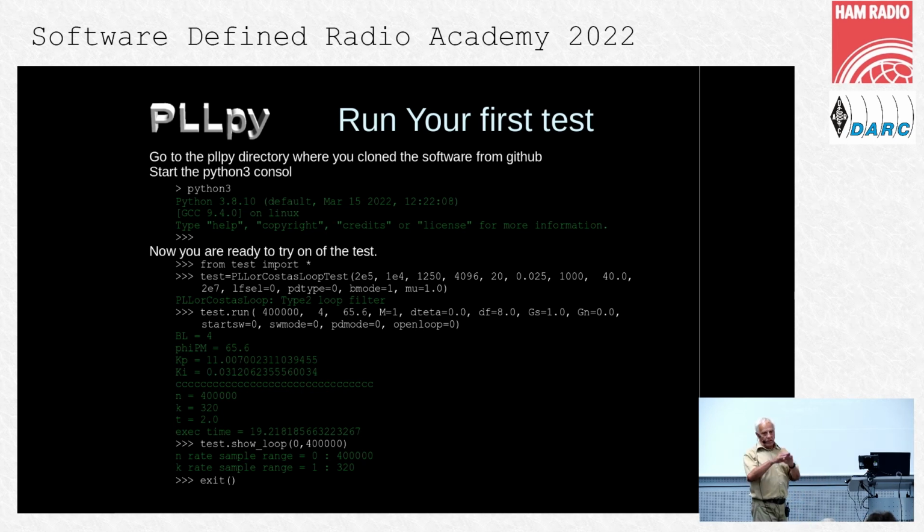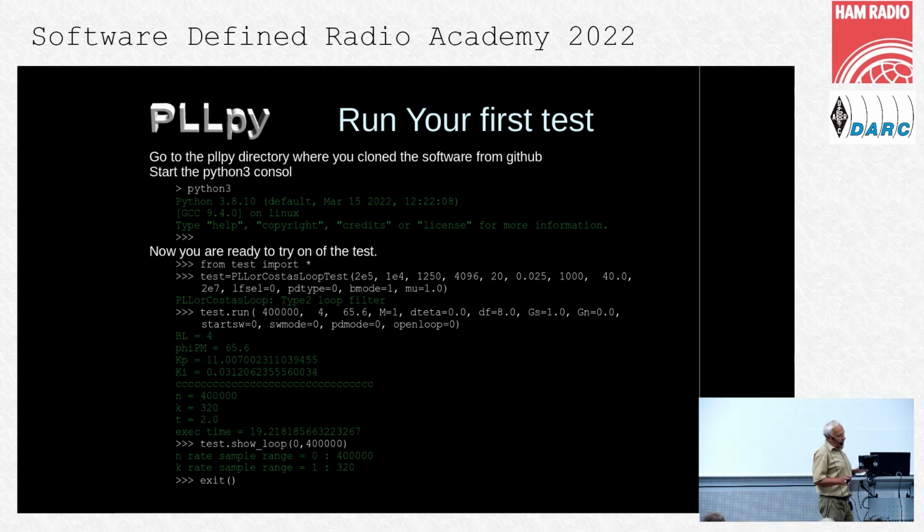After you get the software, from the directory where you cloned it, you have to start a Python 3 console and follow these instructions. That will run a PLL test for an unmodulated carrier with an initial frequency offset.